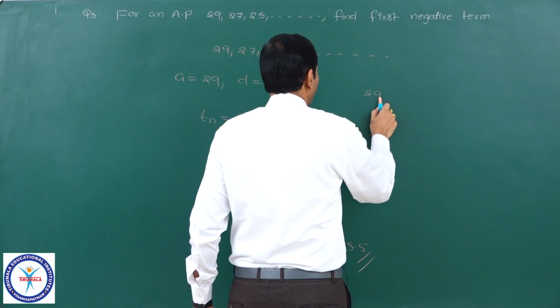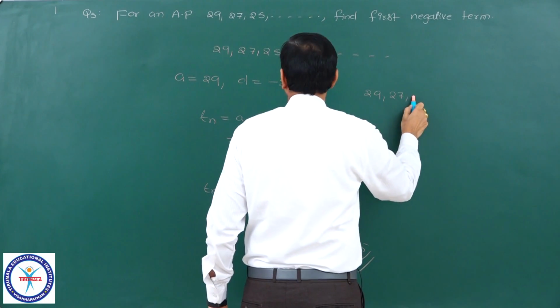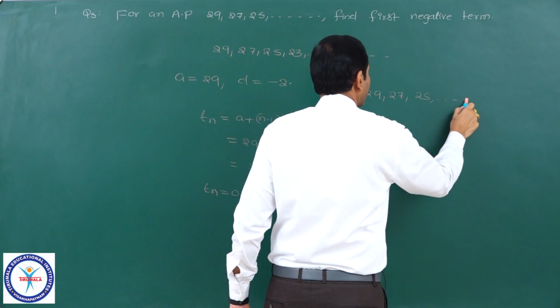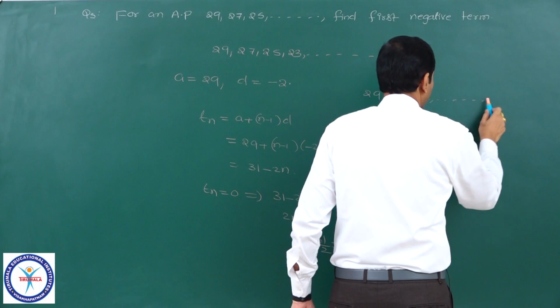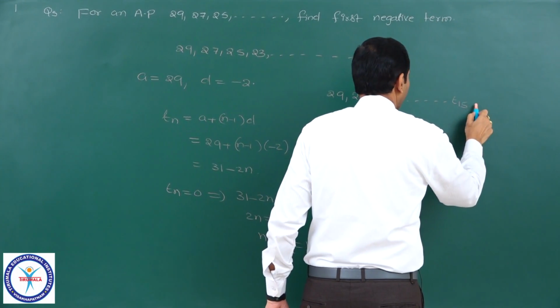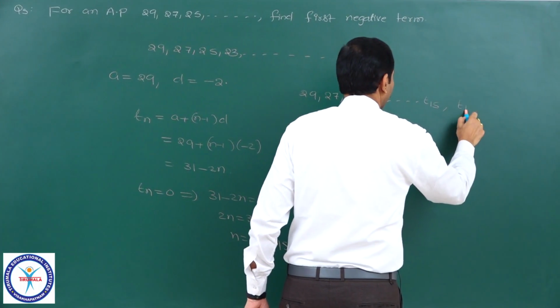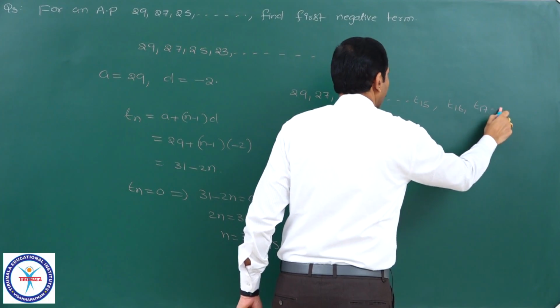You see, if I take 29, 27, 25 and so on, here the 15th term will be there, here the 16th term will be there, here the 17th term will be there and so on.